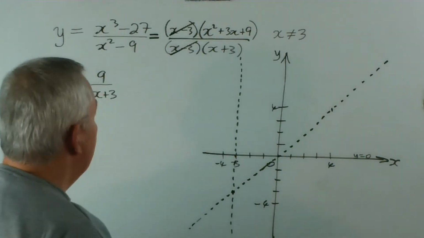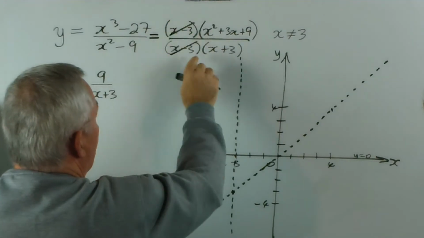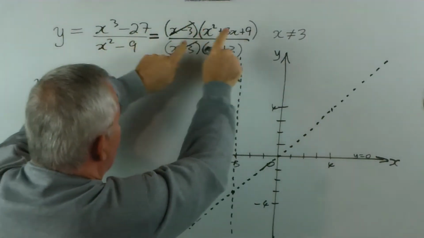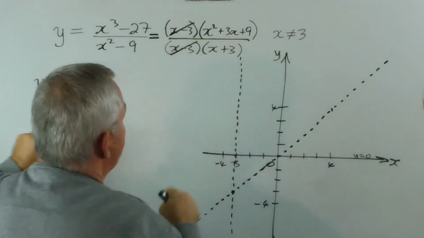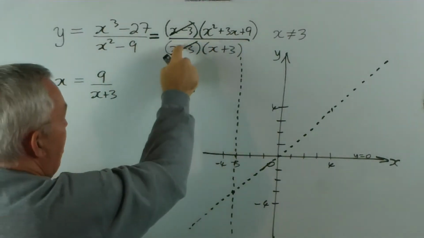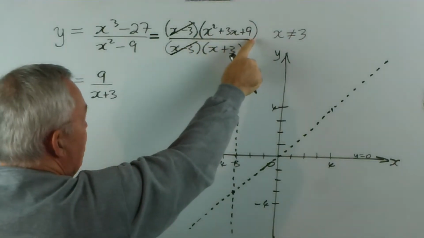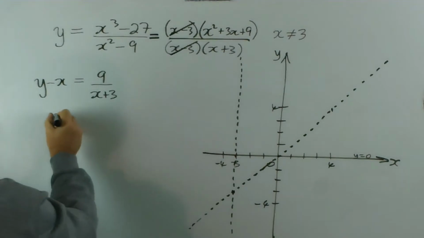Actually, let's do that right away. Once these are gone, what we're really looking for when we set y equal to 0 is for this to be 0 or that to be 0. Remember, we're not allowed to have the x minus 3 equal to 0. Now, for this to be 0, we need to check whether it can be factorised.